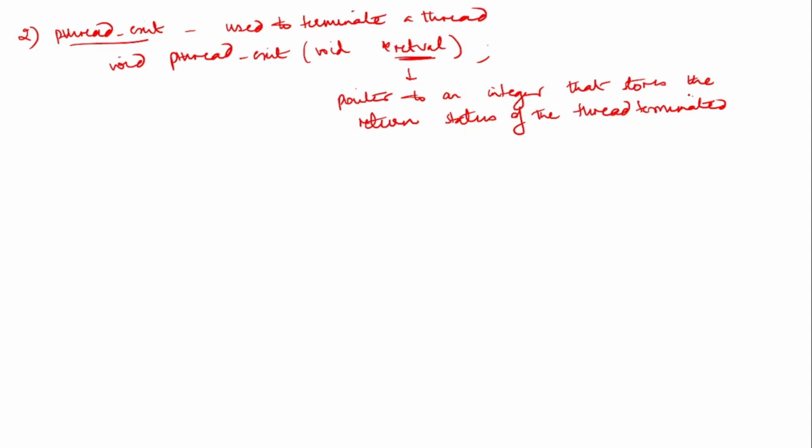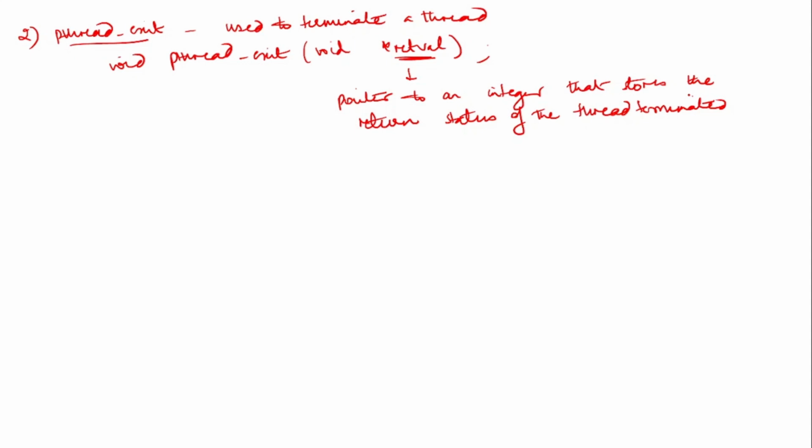So pthread_exit is used to terminate a thread, and the parameter points to an integer that stores the return status of the terminated thread.